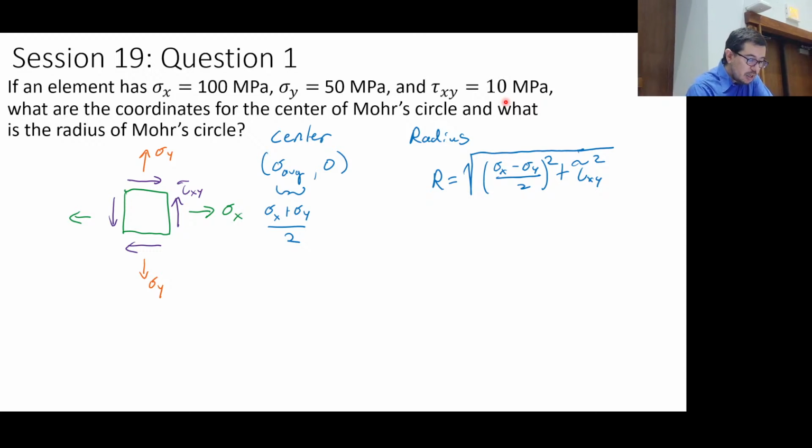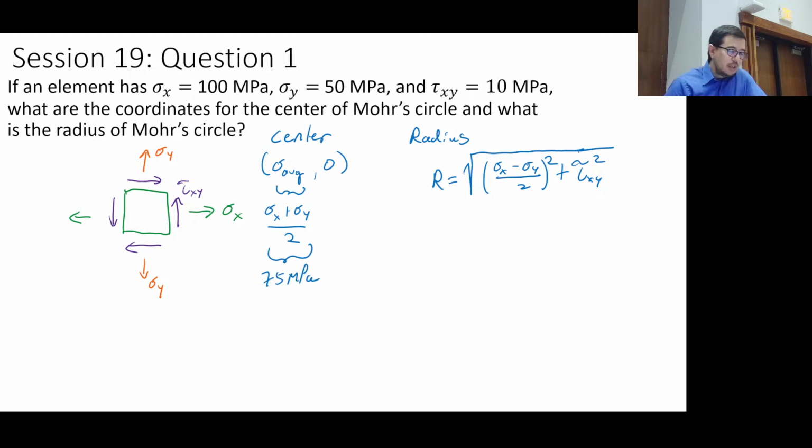The average of 150 is 75, correct? So sigma average is just 75 megapascals. The radius is a little trickier. We'll write it out and then I'll tell you the number.